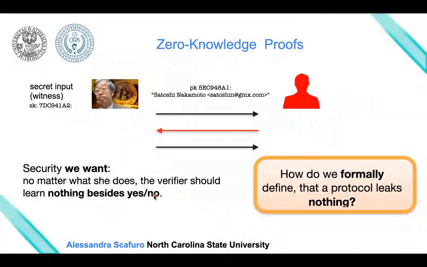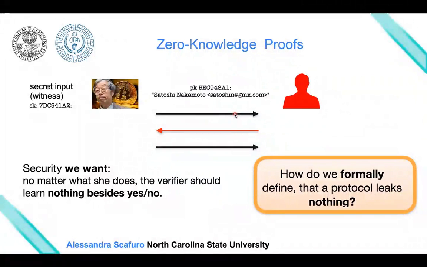So now the question is, now that we know what we want to define, how do we formally define the idea that a malicious verifier here on the right should not learn anything from the transcript of the computation?